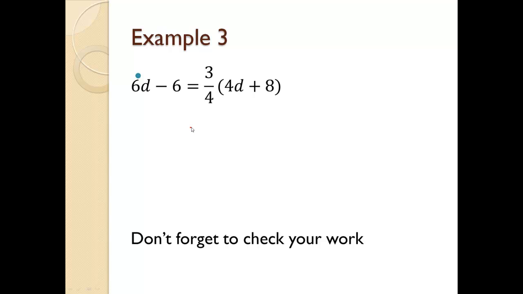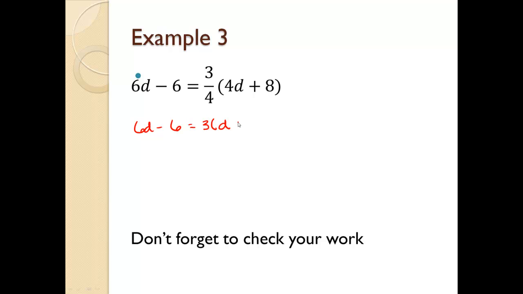So doing that, we could just keep the left side the same. And then we've got this. Does 4 go into 4? Yes, it does. So that would leave me with 3 and d, because 4 divided by 4 is 1. I don't need to write that. And that would just leave the d there. And does 4 go into 8?